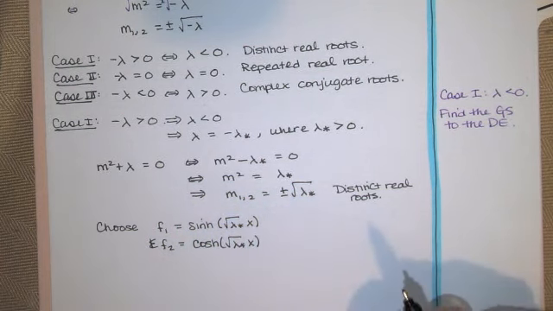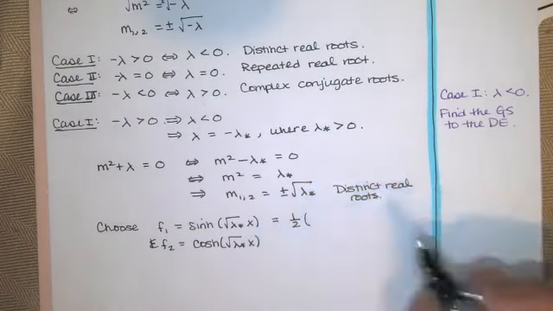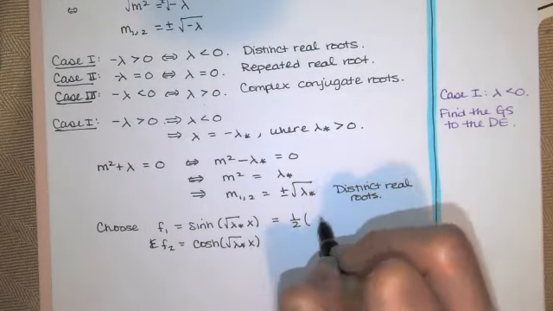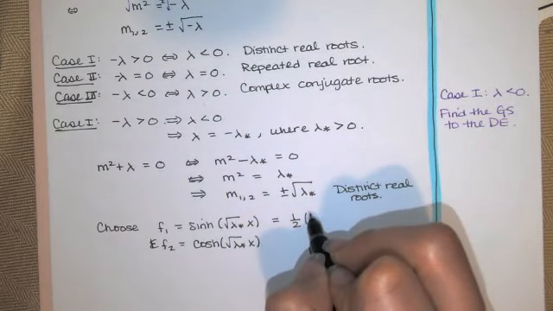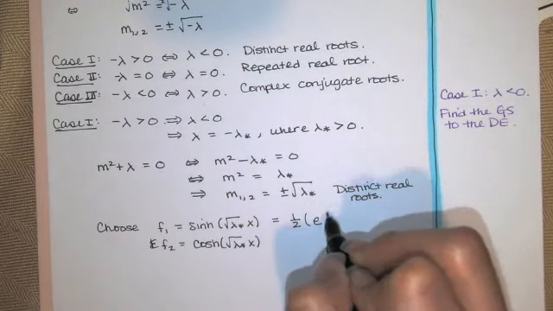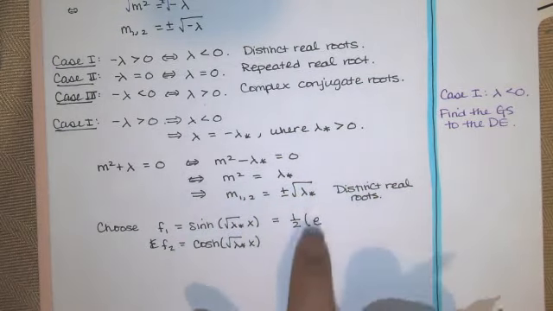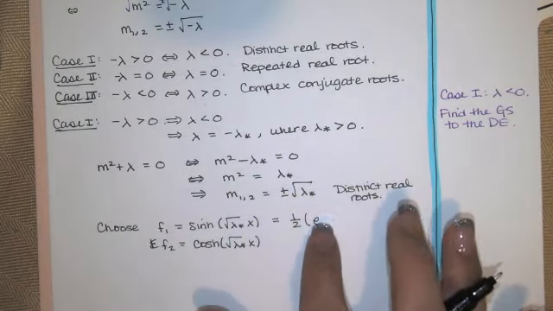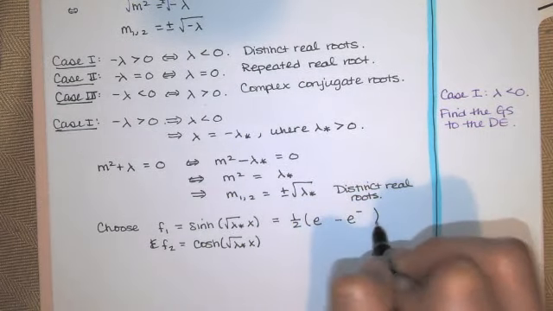If you're saying to yourself, how is that related to that e to the mx that we started with? Remember, the hyperbolic sine of a number is 1/2 times the quantity e raised to that number minus e raised to the opposite of that number.